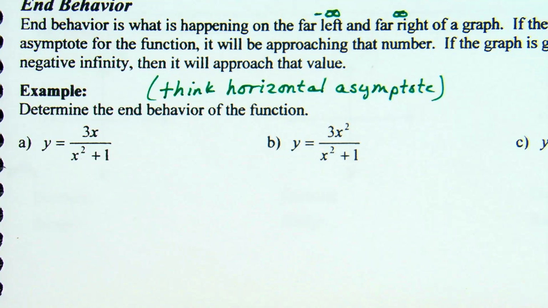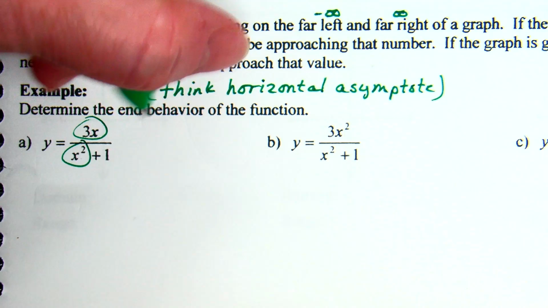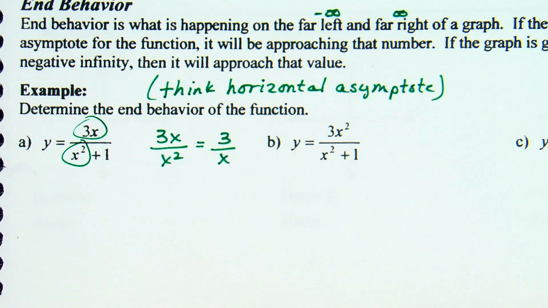And then you're looking at 3 over x. And think about this. As your x values are getting really big, 3 divided by a bigger and bigger number. Well, the bigger that number gets on bottom, the closer we're going to get to 0. And so we have end behavior, or horizontal asymptote, of y equals 0. Kind of like the graph we just looked at. Okay? If I throw this on the calculator real quick.